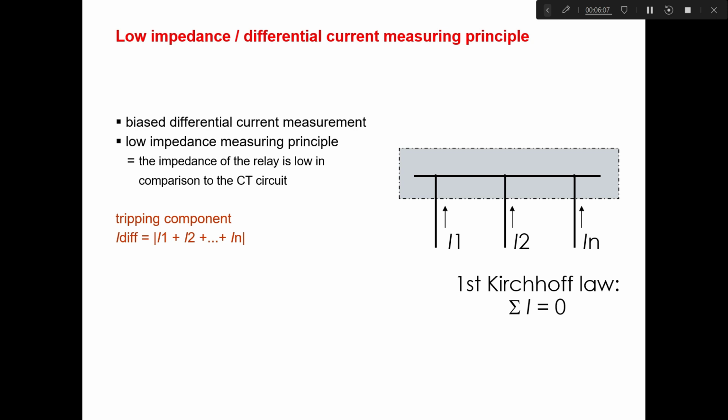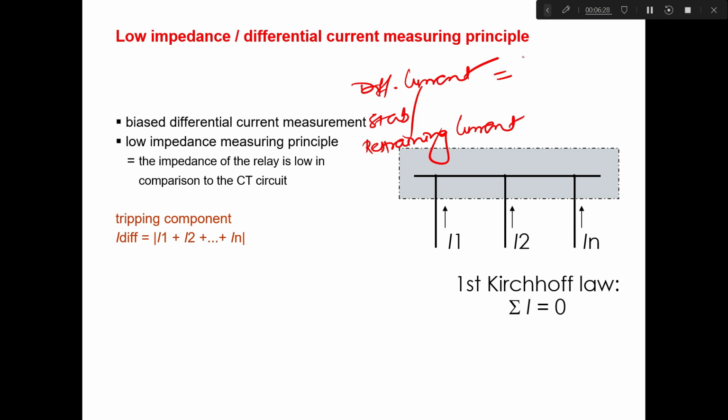Now there are two fundamental measurements. One is called differential current and another is called stabilization or restraining current. These two are the main currents on which the low impedance differential principle works. And what is the difference?